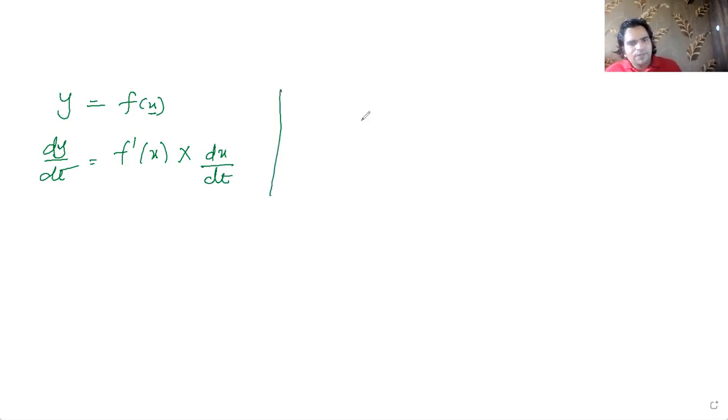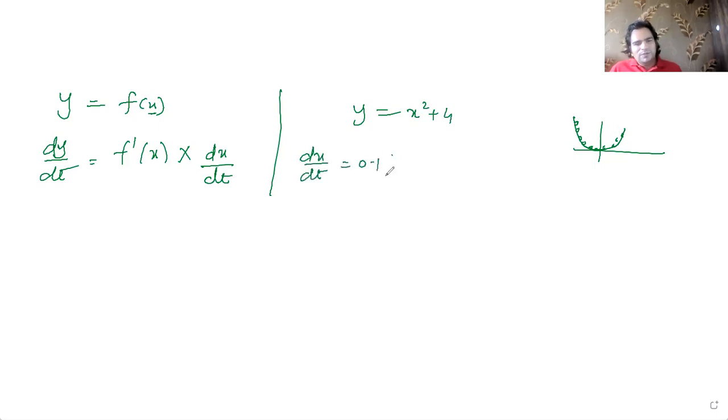Now, for example, if I have y equals x squared plus 4 as the function, and there is a ball drifting along this, and it has been given that the rate of change of the x coordinate is 0.1 per second, and you have to find the rate of change of y when x is, let's say, 2.